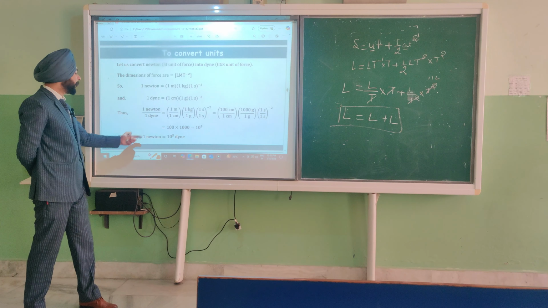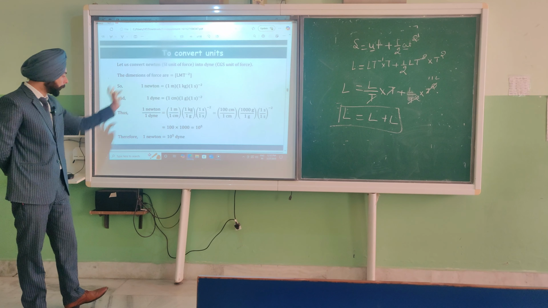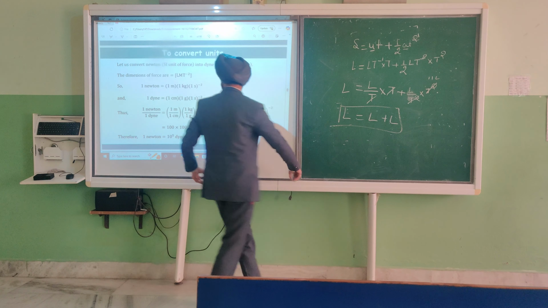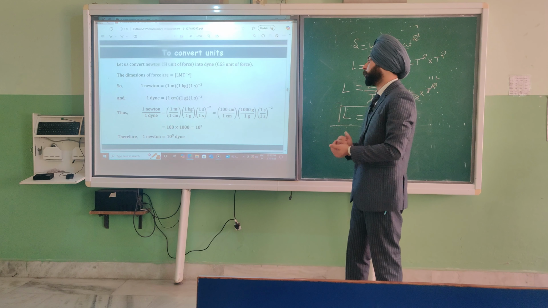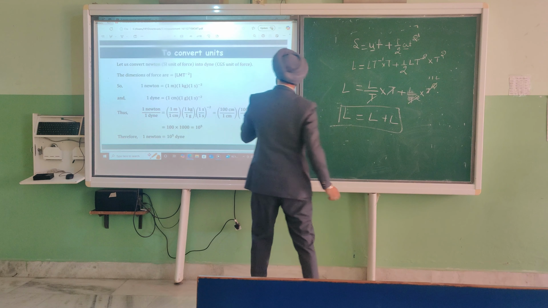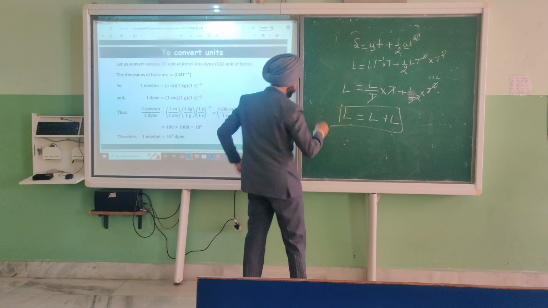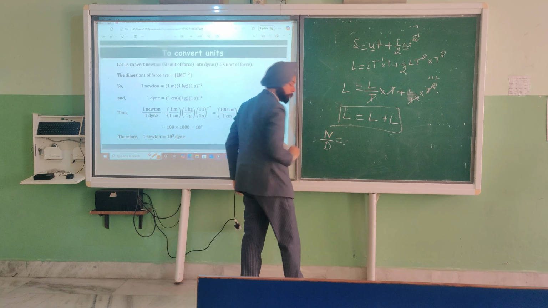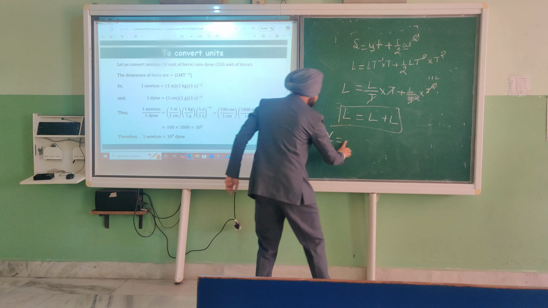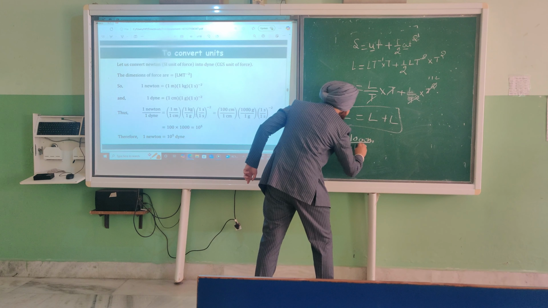So that means 1 Newton is equal to 10 raised to the power 5 dyne. If you are confused, we will focus on the board to convert Newton into dyne. Newton upon dyne: meter is 100 centimeter upon 1 centimeter.